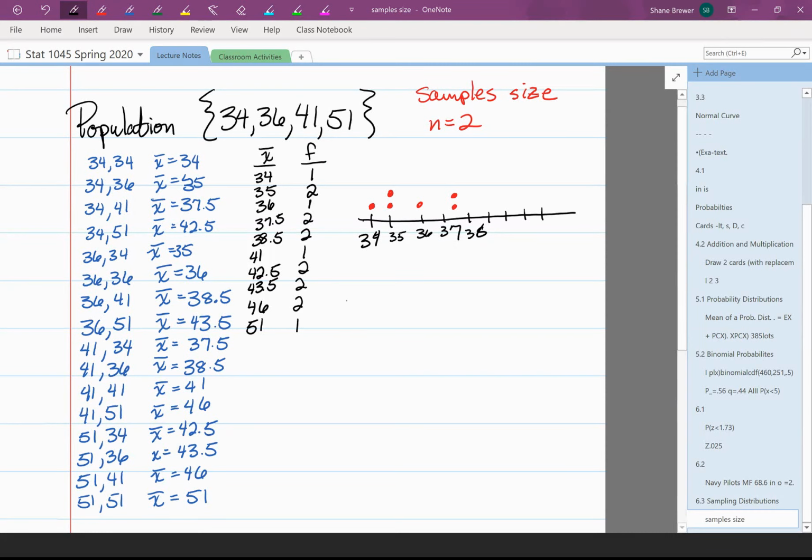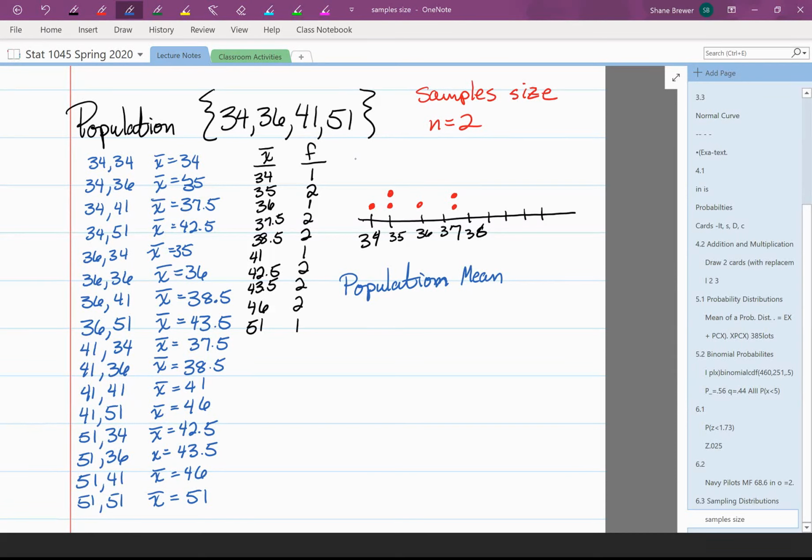And the goal then is to understand totally how these behave. Now, here's the interesting thing. What does the population mean? Well, we're going to find the mean of these four numbers. That's our population, right? And so throw that into our good trusty calculator.